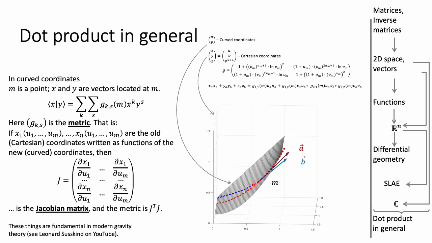The only way to compute dot products between our vectors in case of cosmology, strong gravity fields, etc., is to construct the metric and use it. Further, all these questions are brilliantly, absolutely brilliantly explained by Leonard Susskind on YouTube. He's a professor at Stanford University and a fabulous narrator.